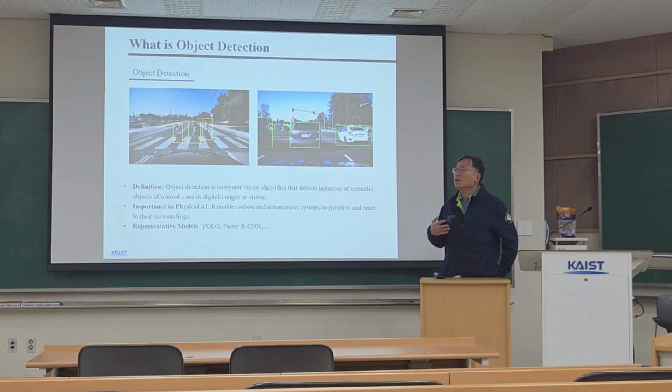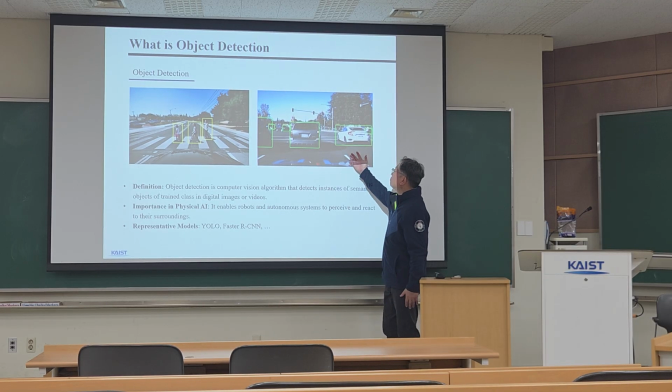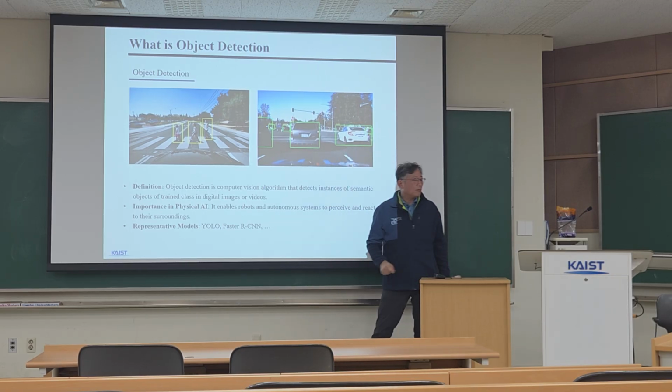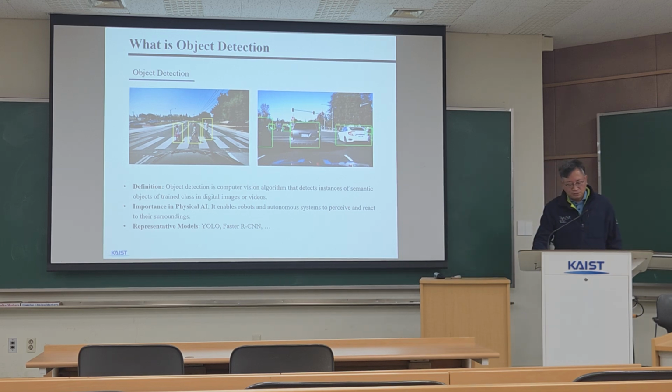So it has a network that finds proposals of the region, and from that region, it does classification. So it's a two-stage. YOLO is a one-stage. It finds the region and also classifies simultaneously.